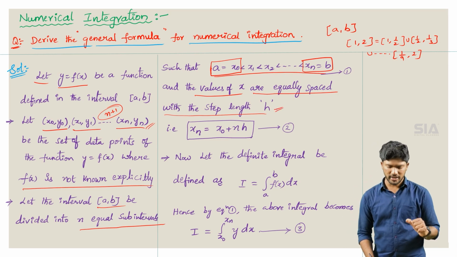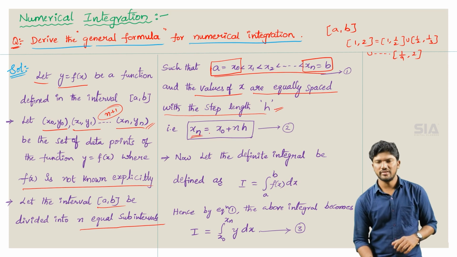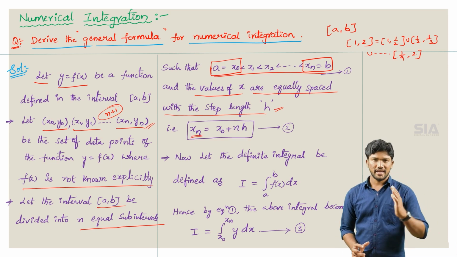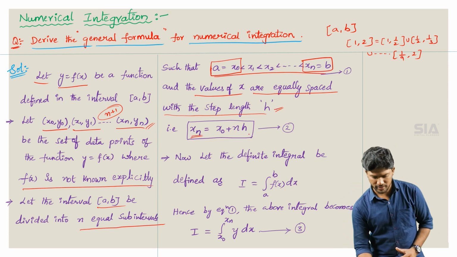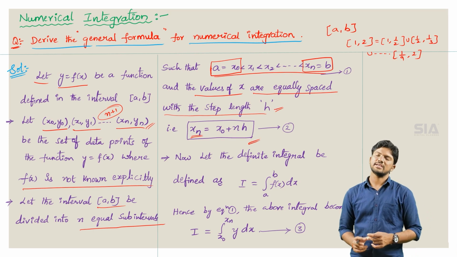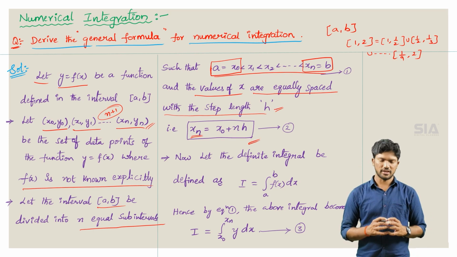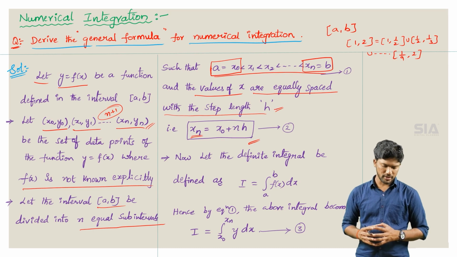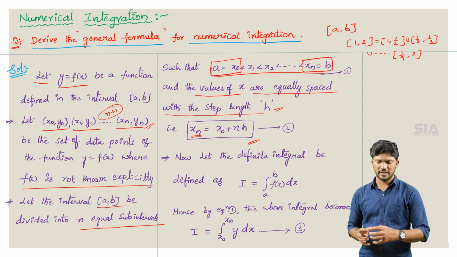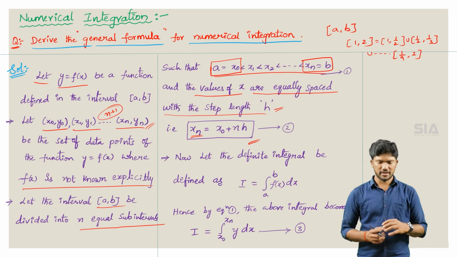Therefore you can write that the last value xn is equal to x0 plus n into h. That is the equation for the values in that interval, taken as equation number 2. Equation number 1 is the total subintervals.